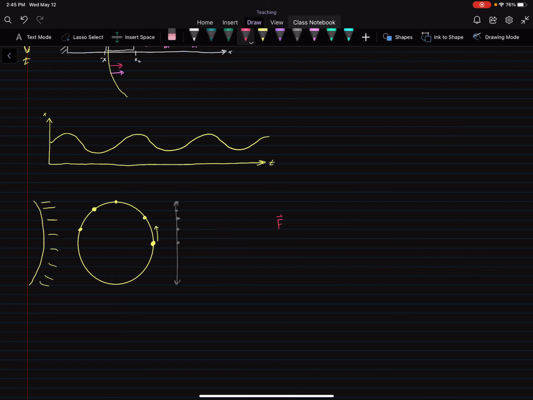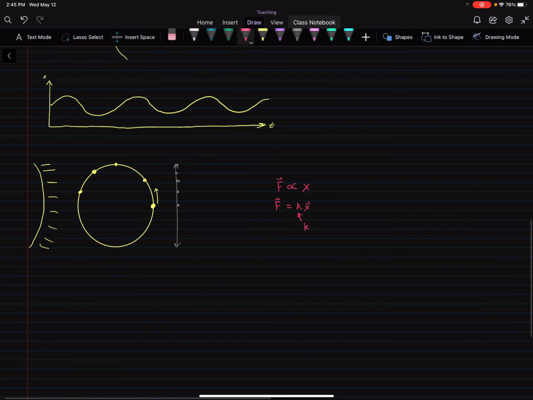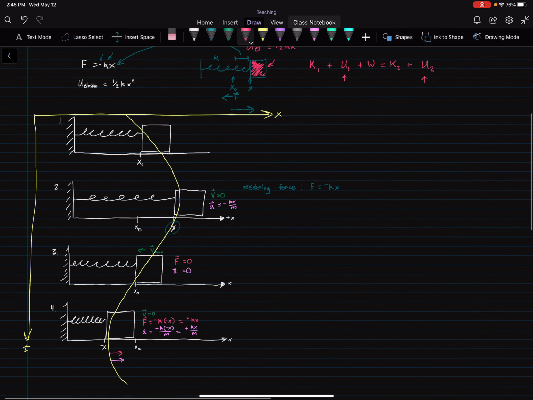So in Hooke's law for springs, we had F equals kx, right? So this proportionality constant k is the spring constant, and x is the displacement. So they are, in fact, directly proportional. It's not F equals kx squared or anything weird. It's F equals kx. And so this spring motion here is simple harmonic motion.